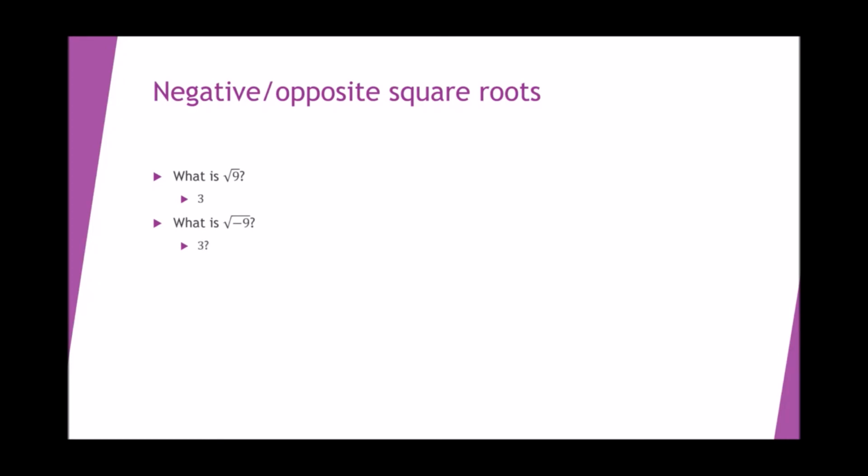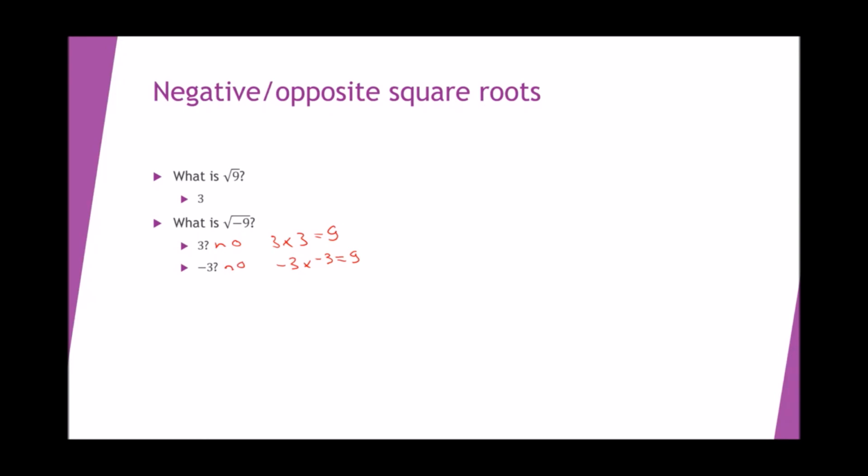Well, if I try 3, we already know that 3 times 3 is 9, so no. But minus 3 then, well, minus 3 times minus 3, minus times minus is plus, that's also 9, so not that either.